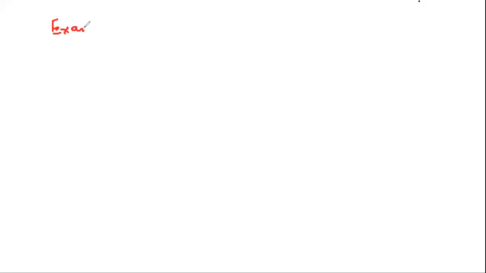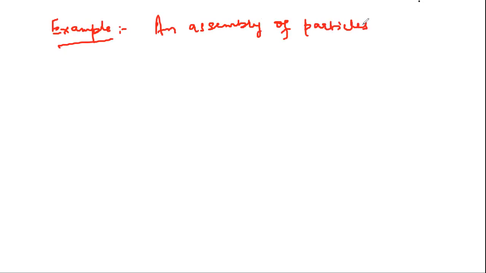So our example is an assembly of particles with two states, which is also called Schottky half solid.